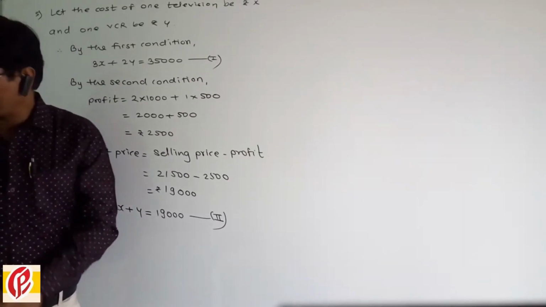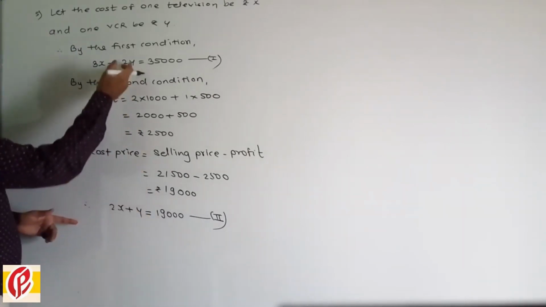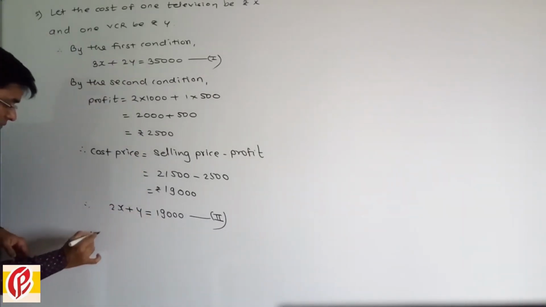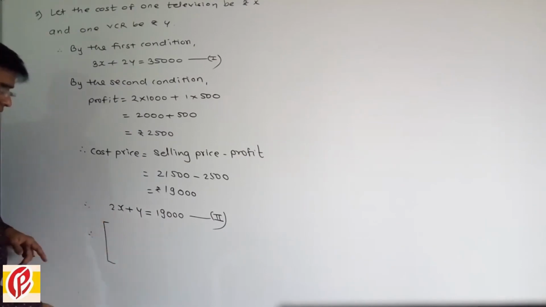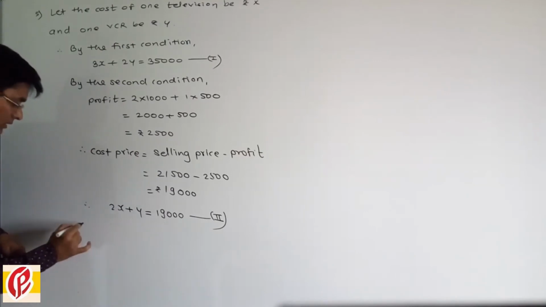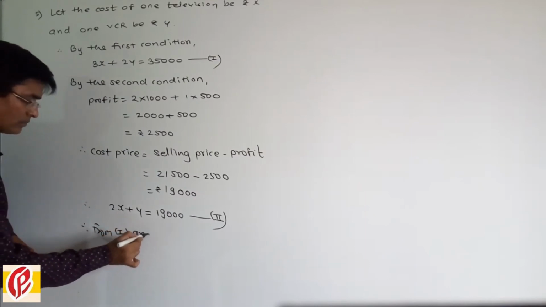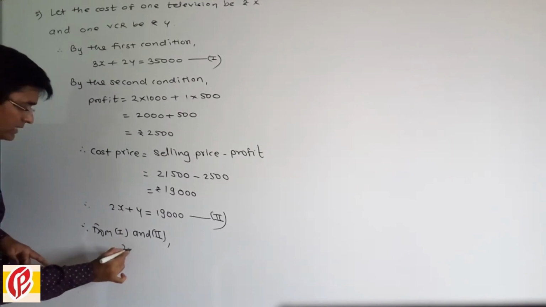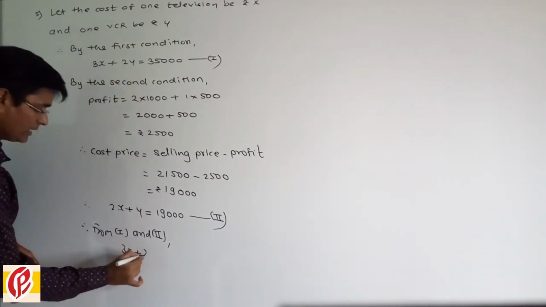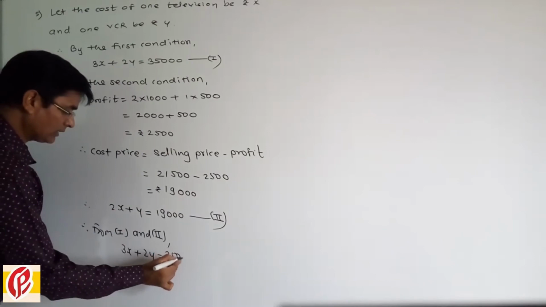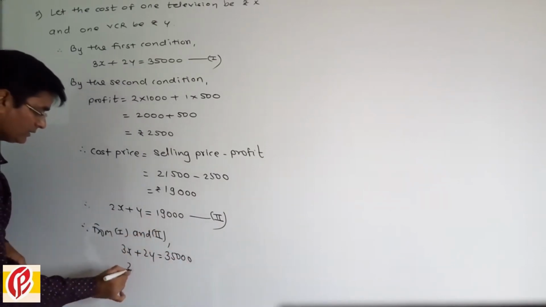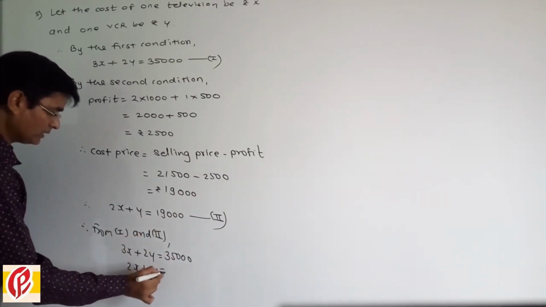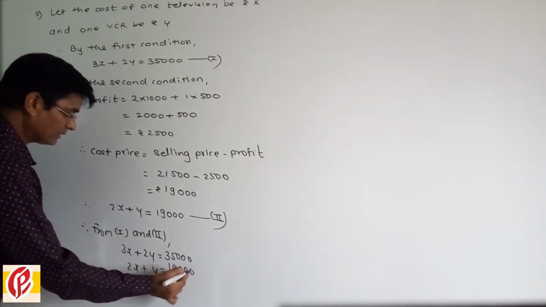Now we'll convert these two equations into matrix form. So first matrix is the coefficient matrix. I will write these two equations combined. Therefore from 1 and 2 we get first equation 3x plus 2y is equal to 35,000 and second equation 2x plus y is equal to 19,000.